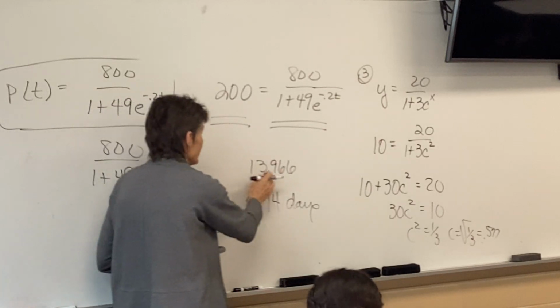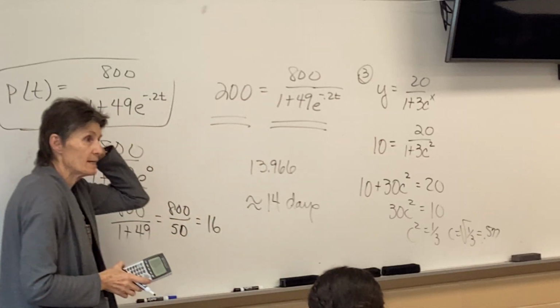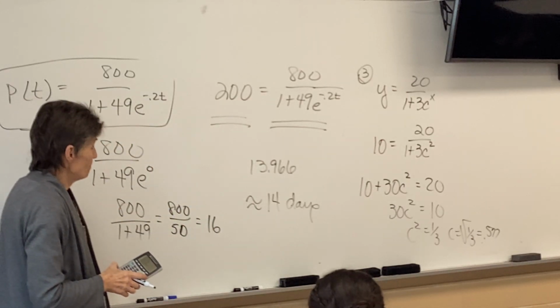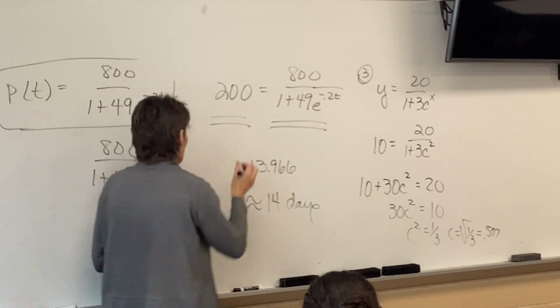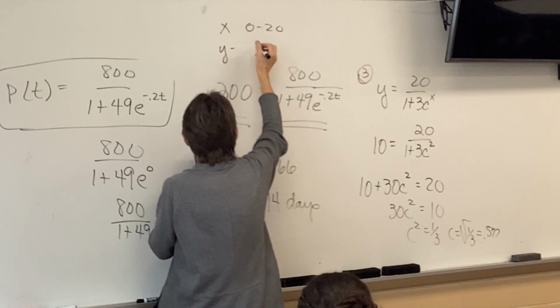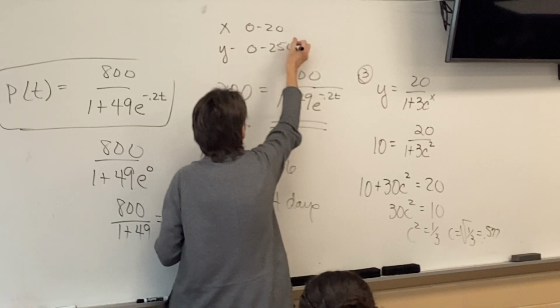I got 13.966, or about 14 days, is when we have 200 sick kids. For my x's, I did 0 to 20, and for my y's, I did 0 to 250.